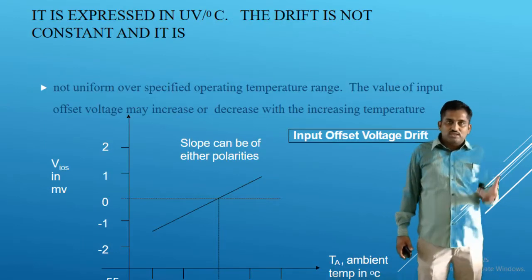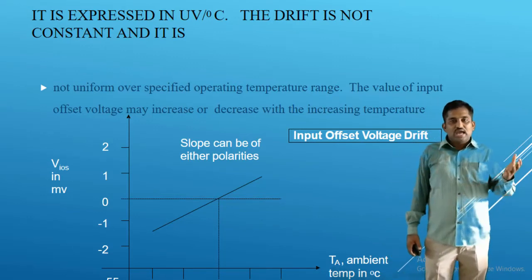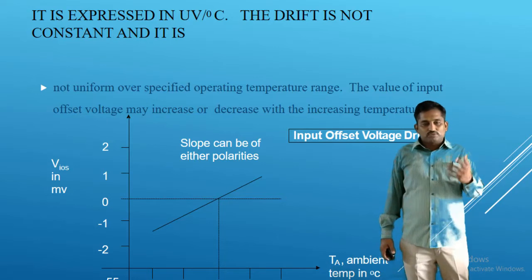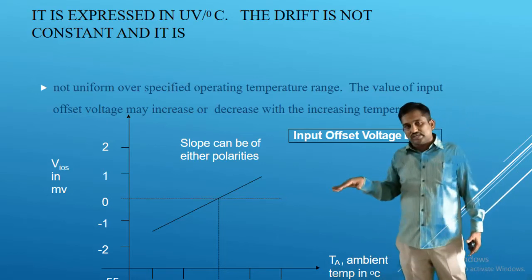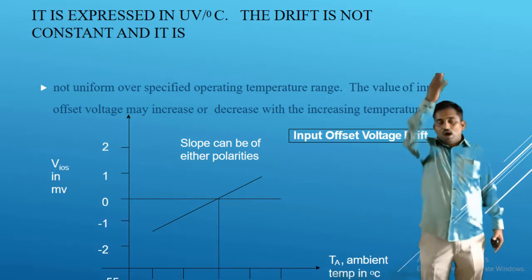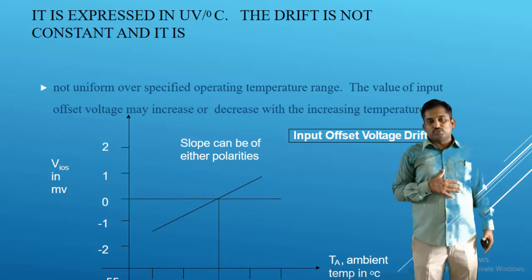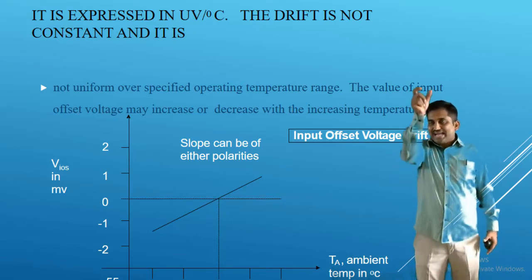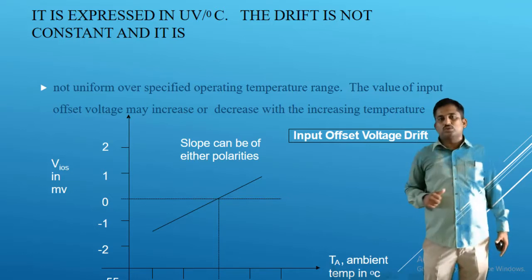Here I have drawn the input offset voltage drift graph. On the x-axis I have taken the temperature, and on the y-axis the variation of input offset voltage. Exactly at room temperature the input offset voltage is equal to 0.